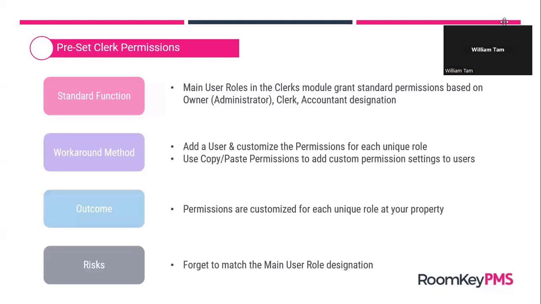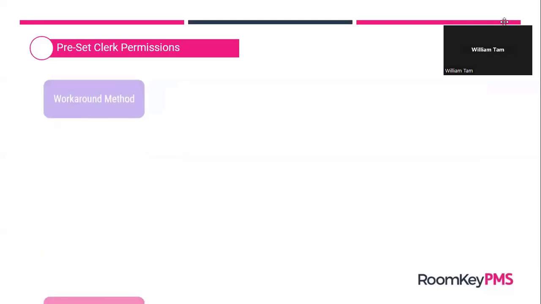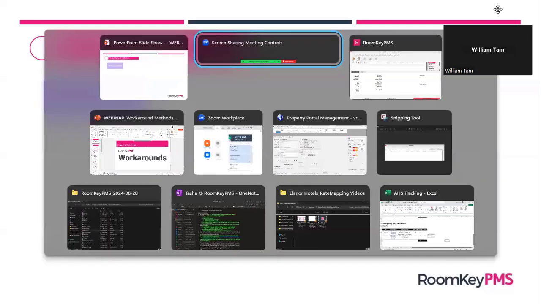Now, the risk associated with this workaround method is if you forget to match the main user role designation. Let's take a deeper dive and take a look at this in a database so we can see how this workaround method can be applied to your property.